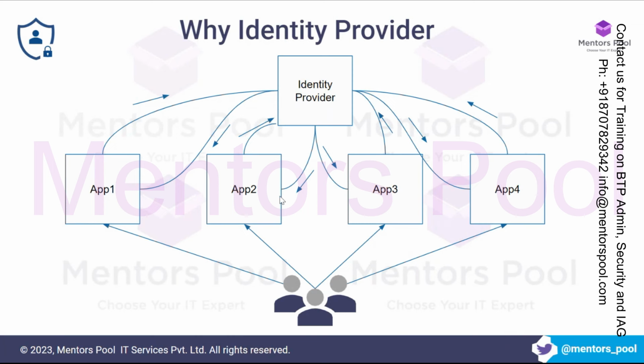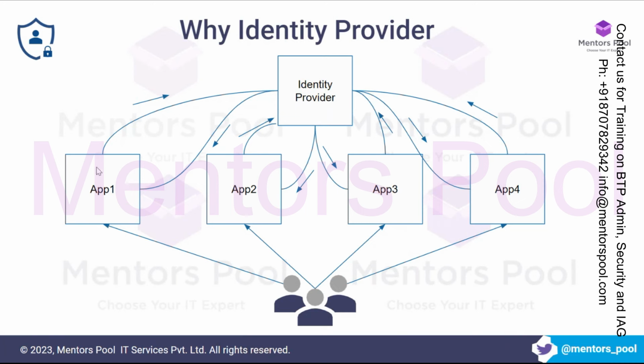To access app 2, he had to provide a separate user ID and password for app 2. Similarly for app 3 and app 4. It was becoming very difficult, because when you have, let's say, 10, 15, or 20 systems in your company, each with its own way of authentication and authorization, it's really difficult for a user to remember the user IDs and passwords.